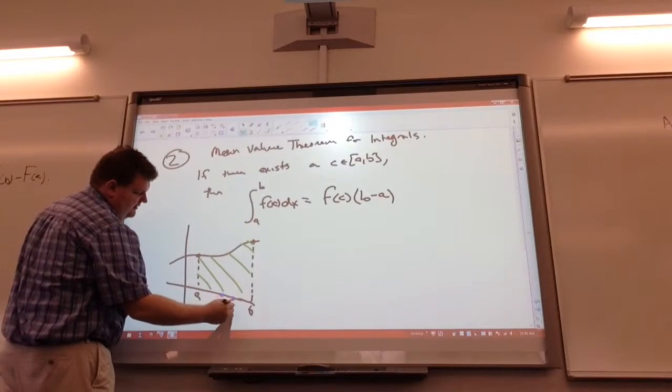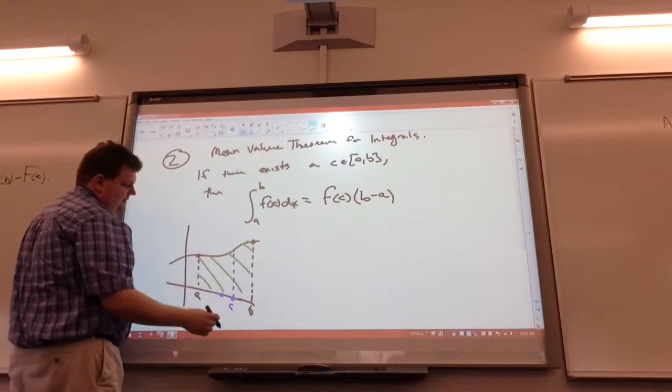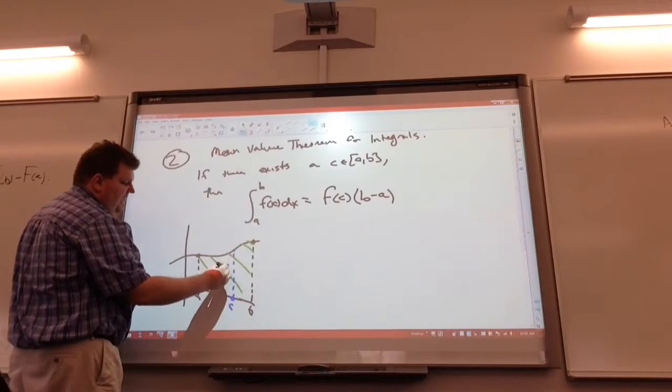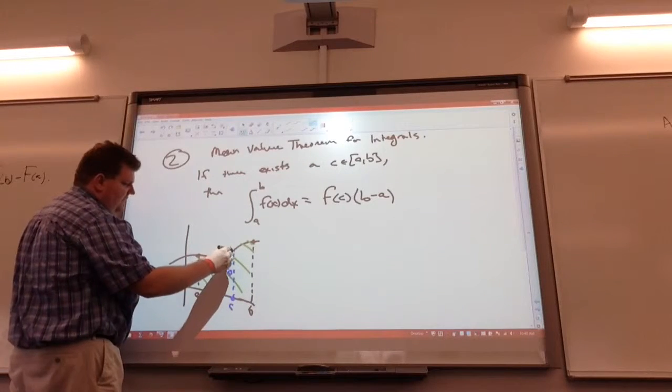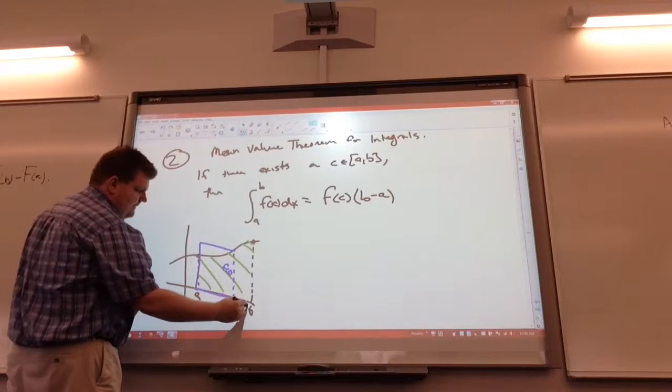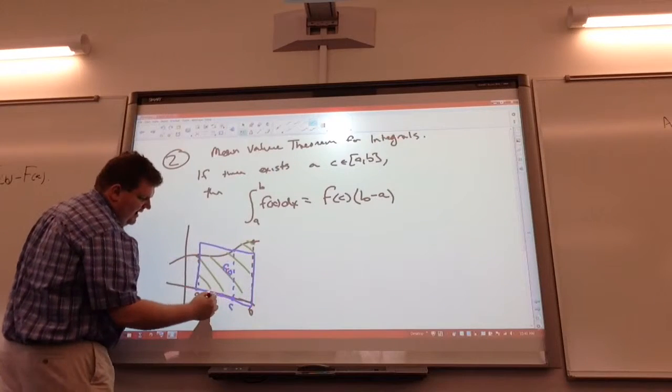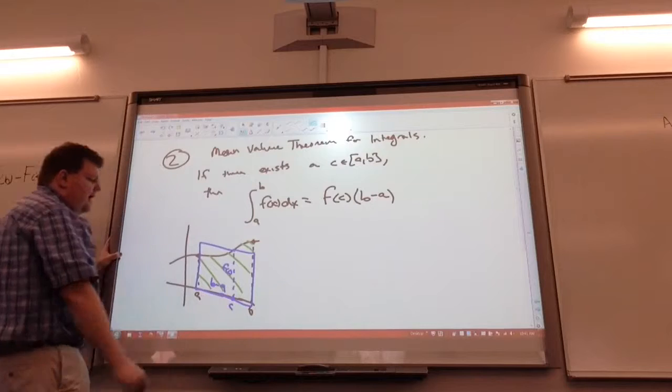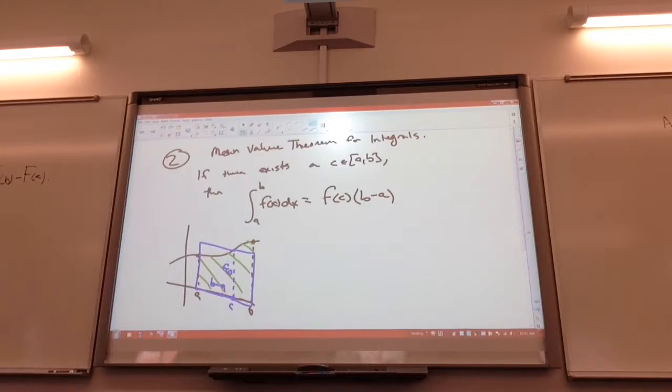Let's put c over here. That's better. Where f of c is the height of this rectangle and the width is b minus a. The area of that rectangle is equal to the shaded region from a to b.